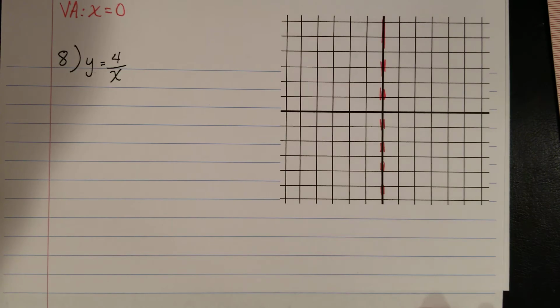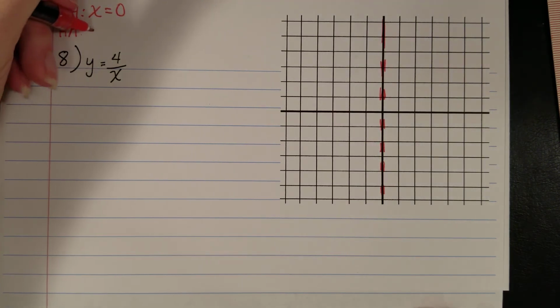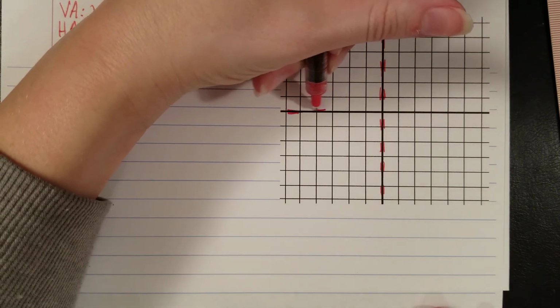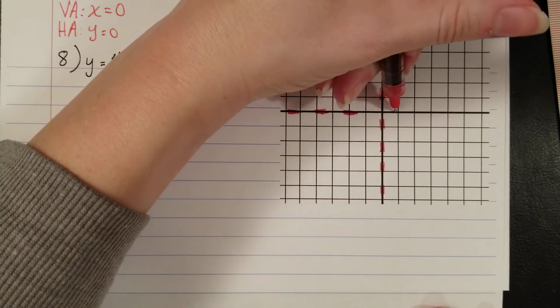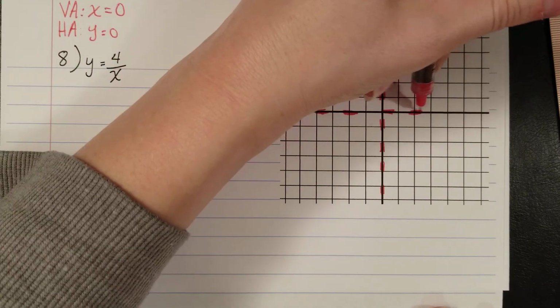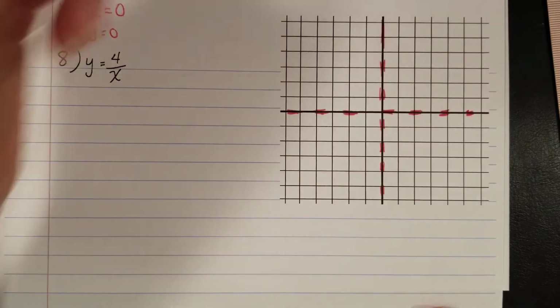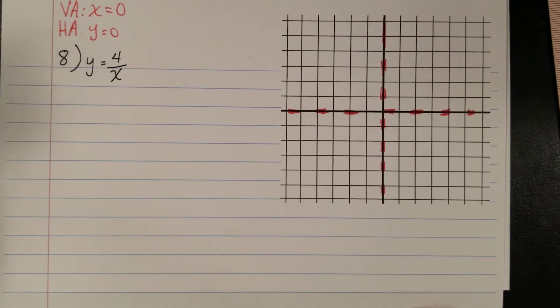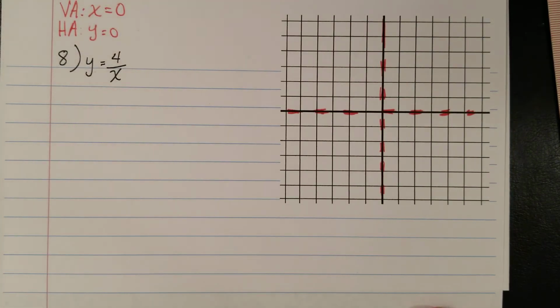The degree on the bottom is bigger, so that's big on bottom, 0 for the horizontal. So the horizontal asymptote is 0. It doesn't have any x-intercepts or y-intercepts either, because the numerator can't equal 0 and the denominator can't equal 0.